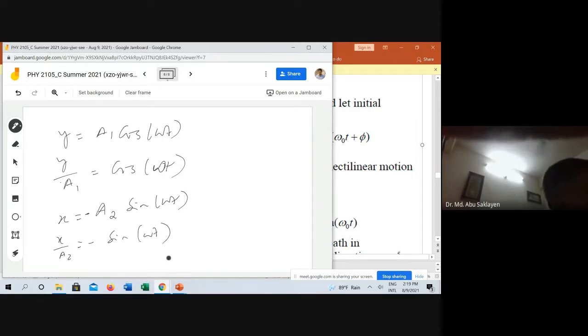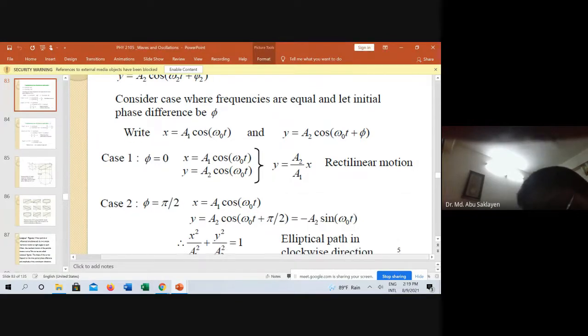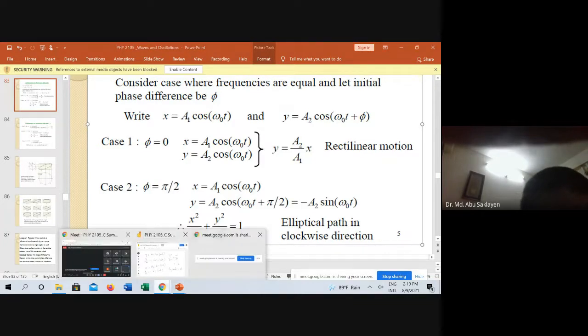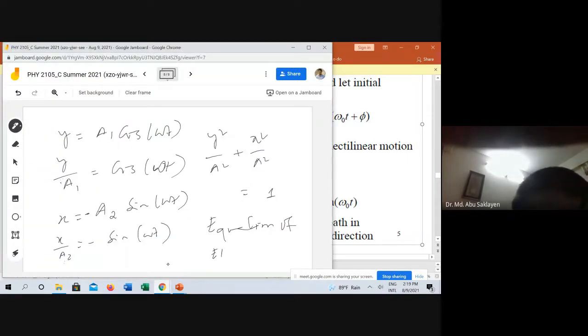So square it, square both and you will get y square by a1 square plus x square by a2 square equal to 1. So this is the equation of an ellipse.